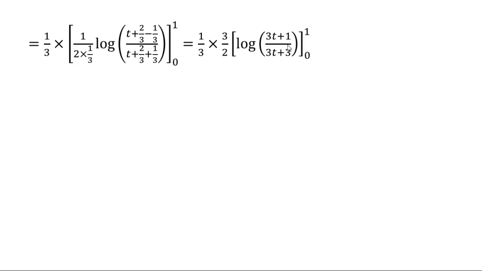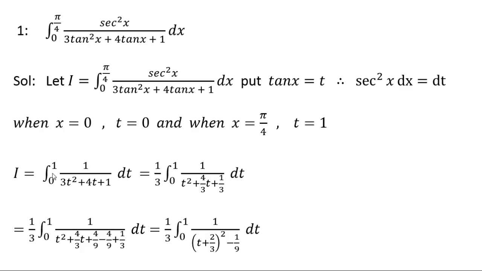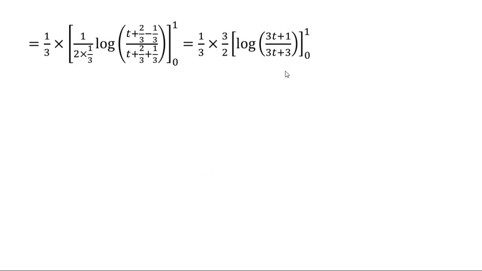Now we multiply by 3 to numerator and denominator, simplify this and make use of the new limits, means limits of t, limits of this new integral are 0 and 1. So in this expression put t is equal to 1, means 3 plus 1, 4.